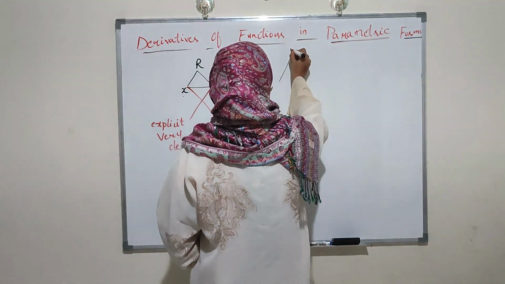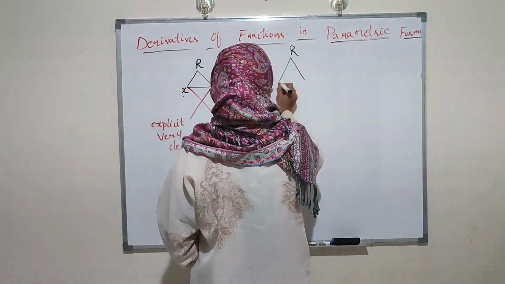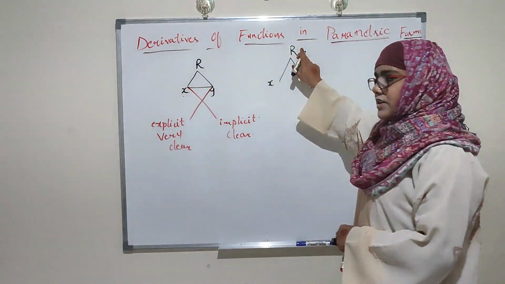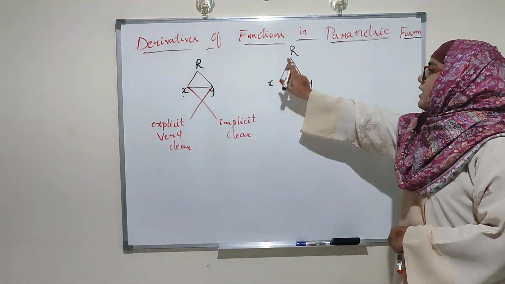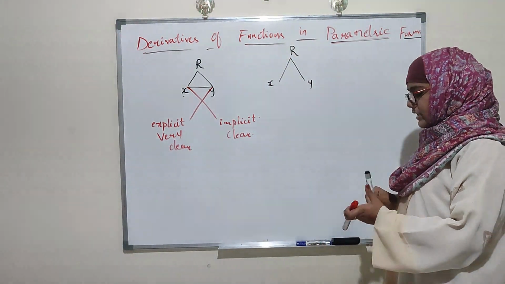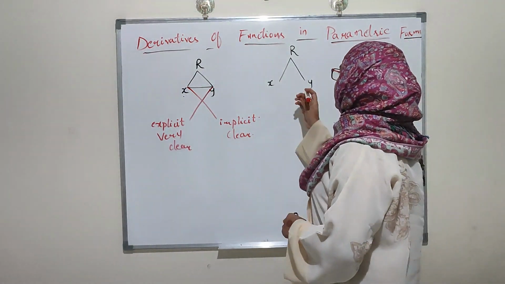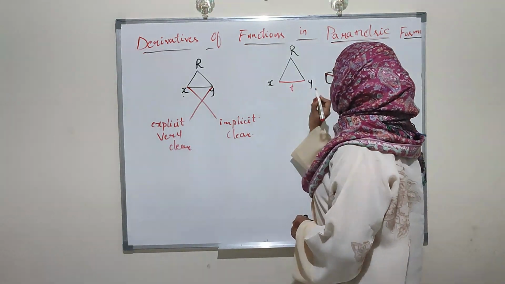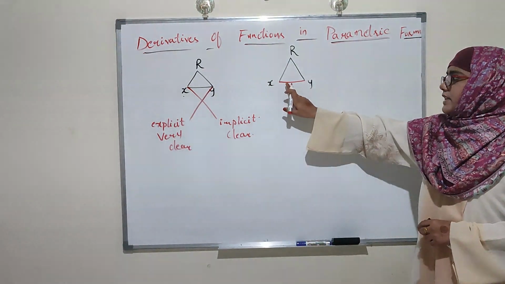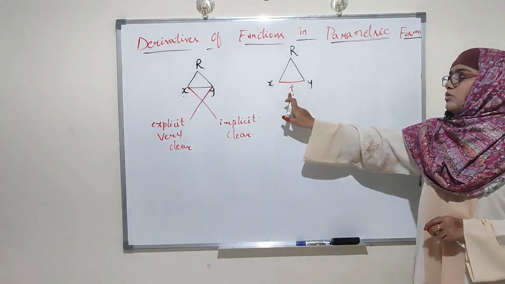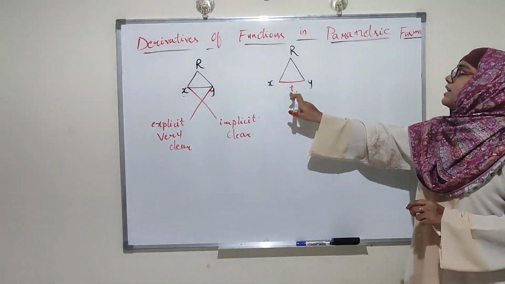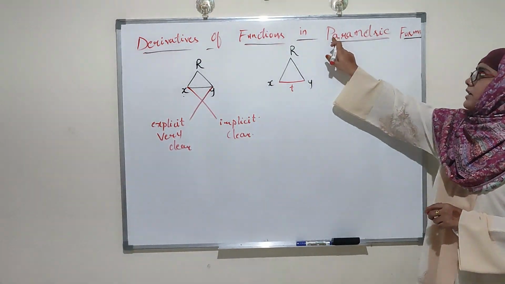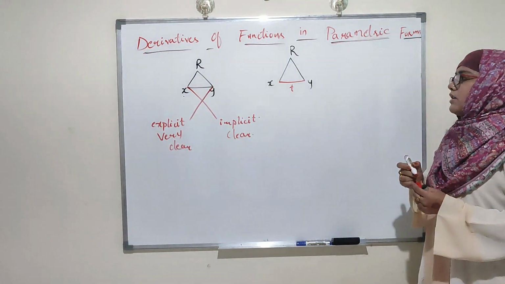The relation between the two variables is x and y. How to connect this? We are connecting this with another term which is known as t, or we can say this term as parametric form.